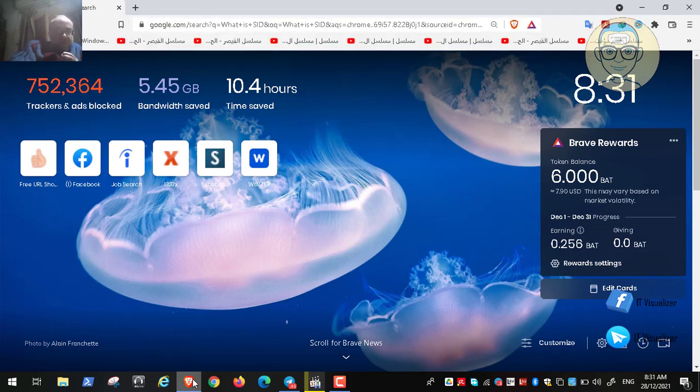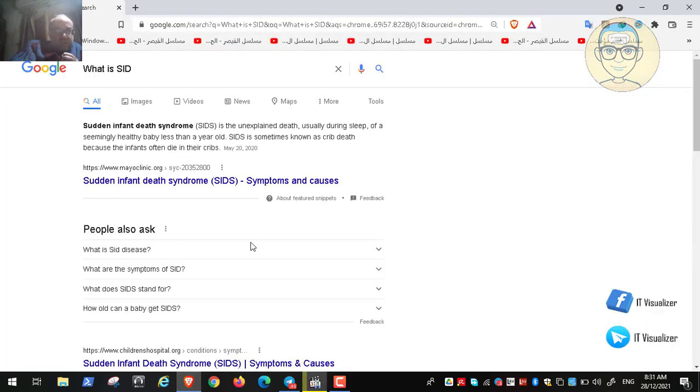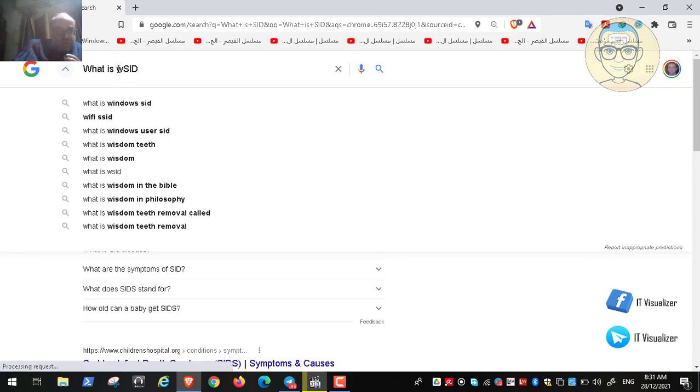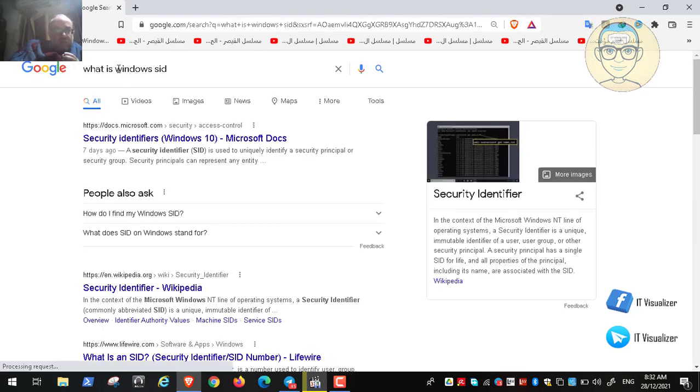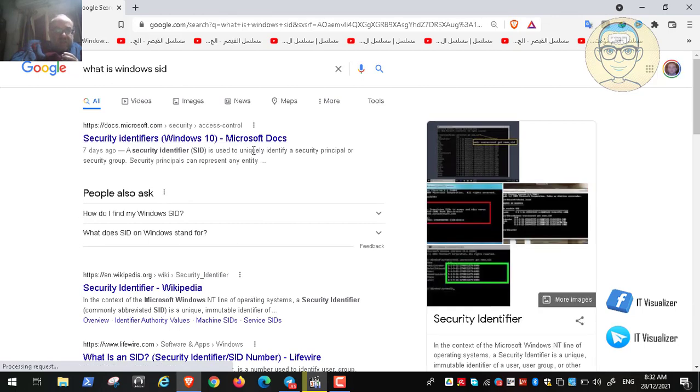So let's see here. What is Windows SID? Because this is something different. It is called a security identifier. It is a number uniquely identifying a security principal or security group.